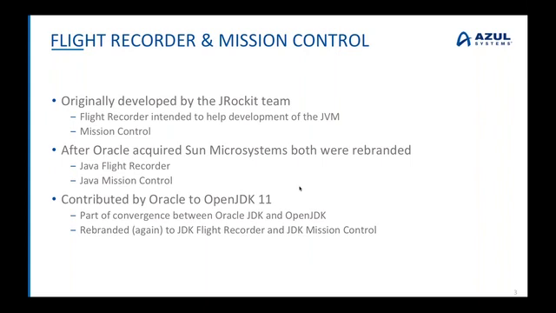Part of what Oracle have done more recently in terms of JDK 11 is to have convergence between the Oracle JDK and the OpenJDK. Half of that was removing certain features, things like the browser plugin, things like Java Web Start. But also what they've done is taken a lot of these commercial features, Flight Recorder, Mission Control, application class data sharing, and contributed them to the OpenJDK project. So now, functionally, there's no difference between what you would get as the Oracle JDK and what you get if you build the OpenJDK source code.